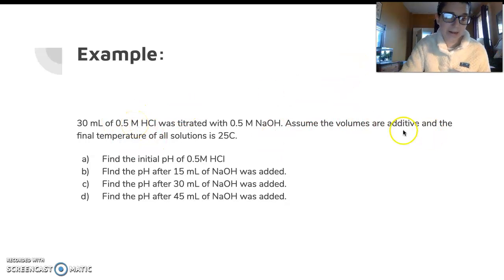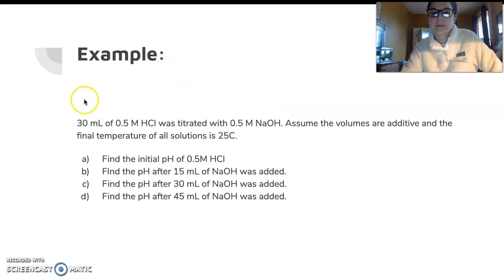Assume the volumes are additive, and the final temperature of all solutions is 25 Celsius. Now this problem is relatively easy, and I say that because these two have the same molar concentrations. So that's going to simplify things a lot. It's also relatively easy because our H+ and OH- are present in a 1-to-1 ratio. So it's not that we are reacting 2 H's with every 1 OH or anything like that. So that is nice as well.